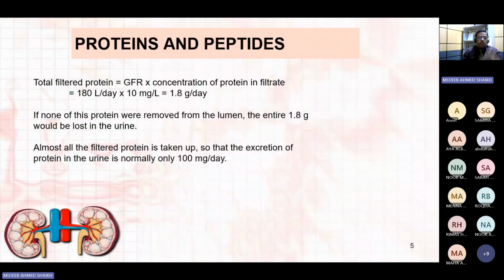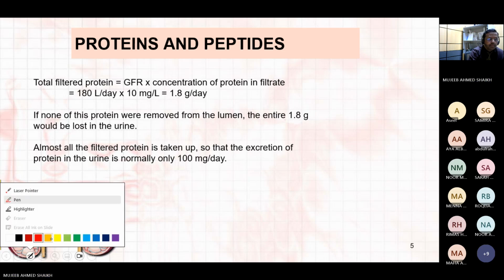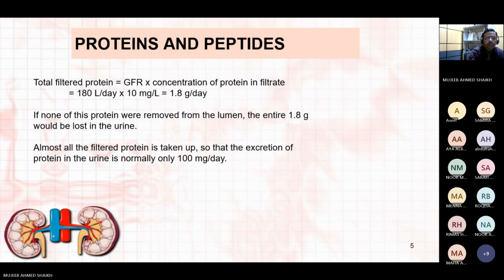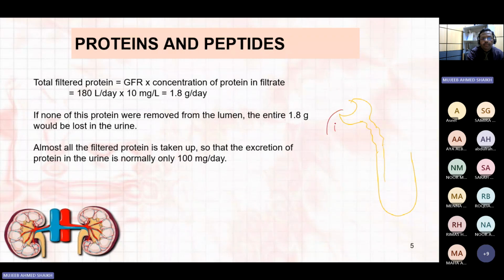How much is filtered? Let me change the color of the pen. Let us assume this is a glomerulus, this is PCT, and here is the loop of Henle. I will draw the arterioles also, then it will be very clear.